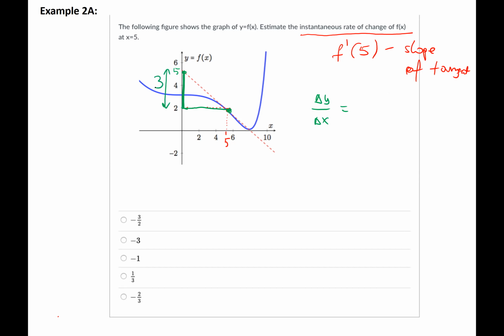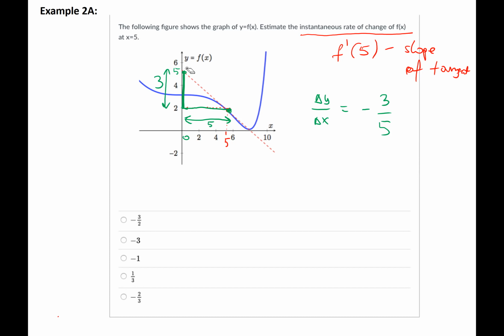This is 3, and this is 5, right? Because it's from 0 to 5. And it's going down, that means it's negative 3/5. But why can't I get the negative from my calculation? Okay, that's not a moment that I want to confuse you.